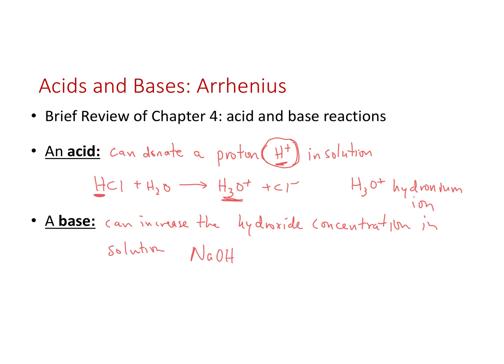We add sodium hydroxide to water, and it's going to ionize solid sodium hydroxide. It's going to give us a sodium ion and a hydroxide ion. And so that would make that a base because we've increased hydroxide concentration.